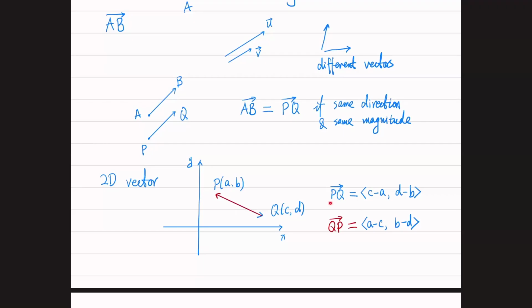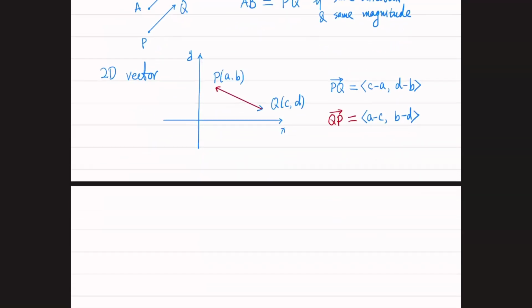Which one is the starting point? Which one is the ending point? So the farther it is in the x-axis, that's what we use. It depends which direction you are going to. If we're finding the vector towards the left, we'd use what I said, but if we're finding it towards the right, we're using that.